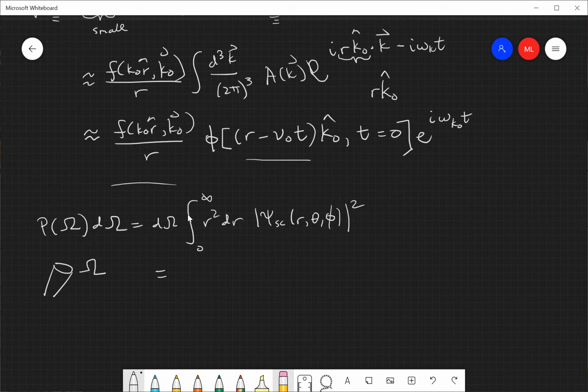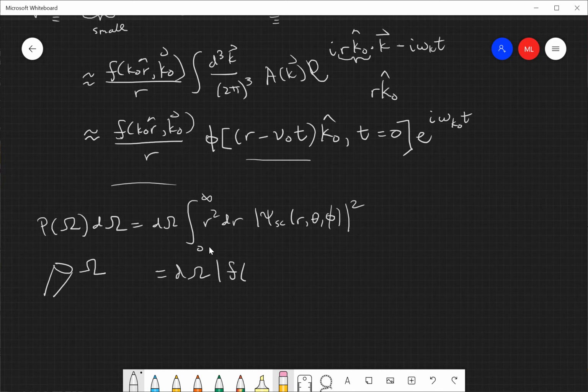This guy actually doesn't depend on the radial direction at all. This amplitude depends on k naught and the r hat direction and just the k naught vector. So immediately this part comes out and you just get f.